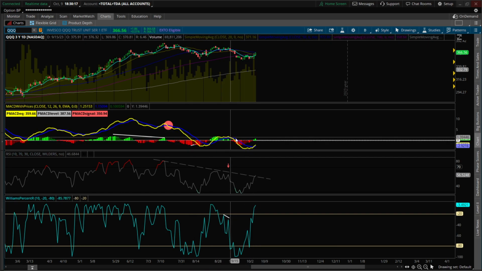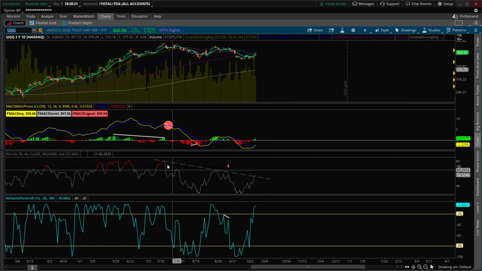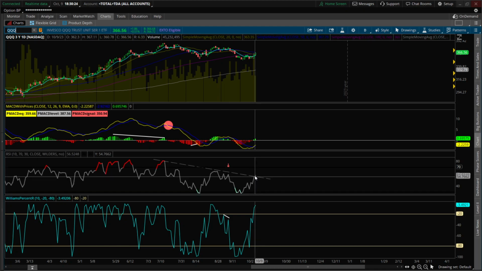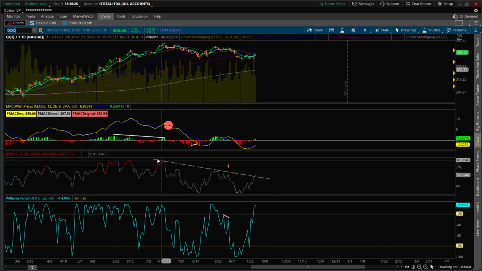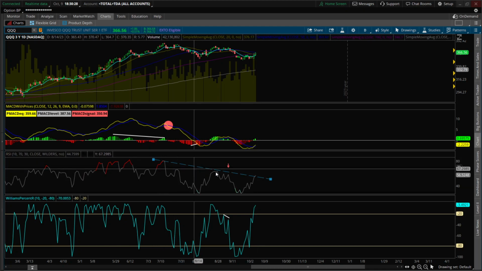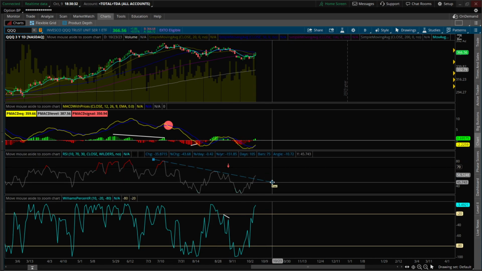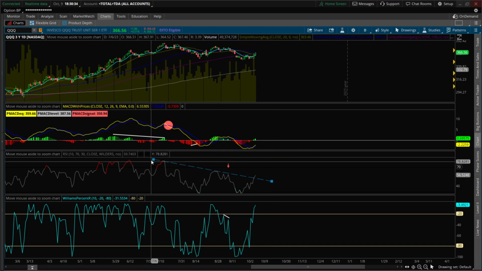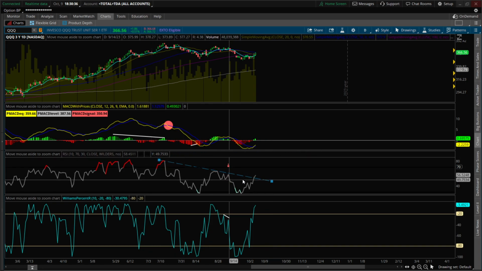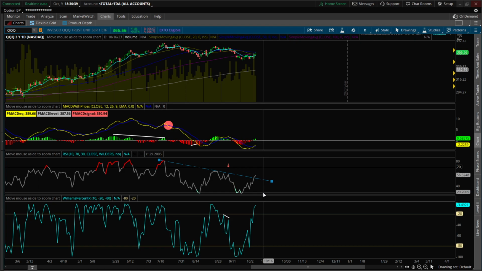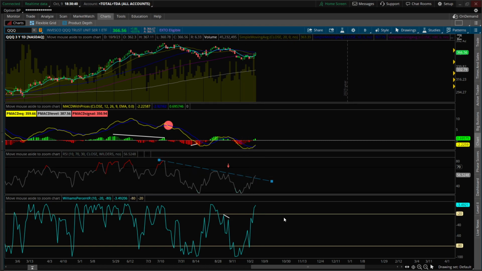We need to get over this zero line if you're a bull. And we have this downtrend that we're trying to get above on the RSI as well. You can draw this, trying to get above it. Maybe it's already considered above it, however you draw it, and then we'll see what happens there, but not getting a new high yet.